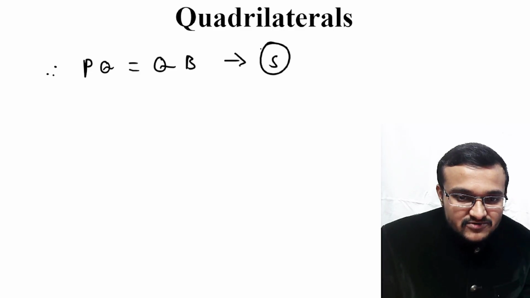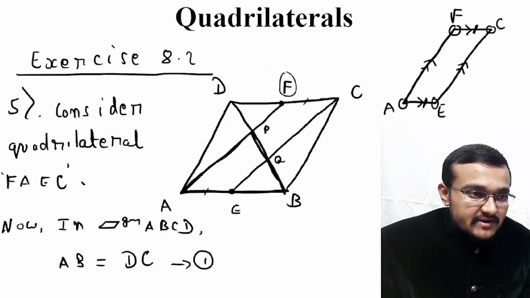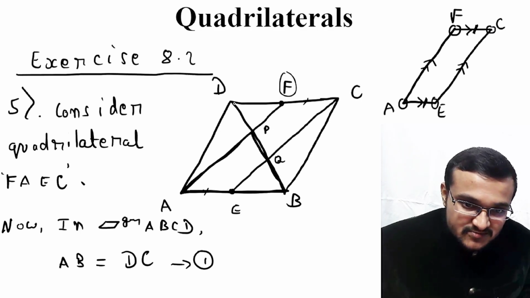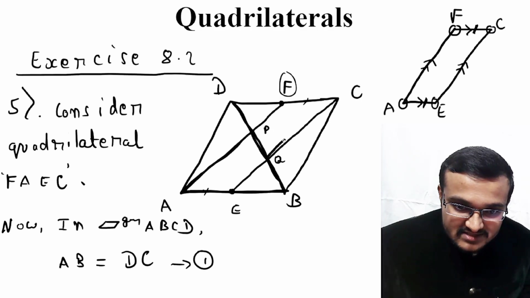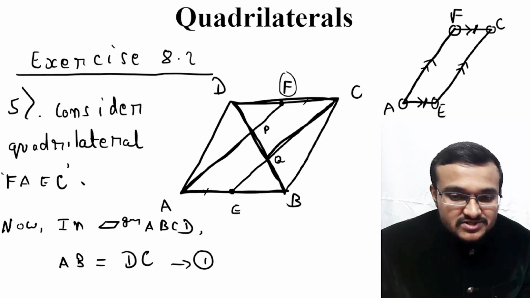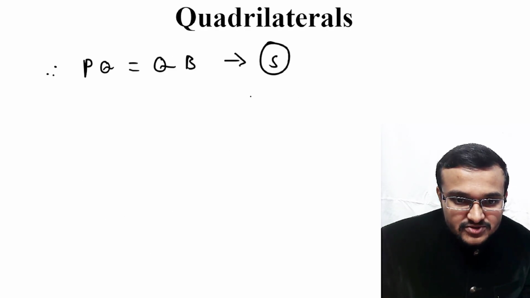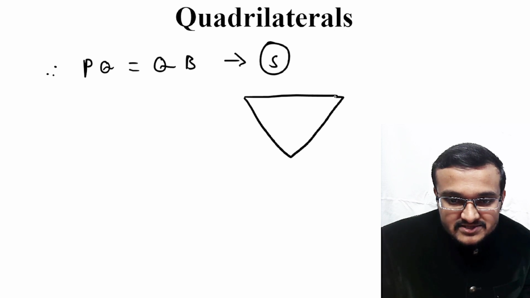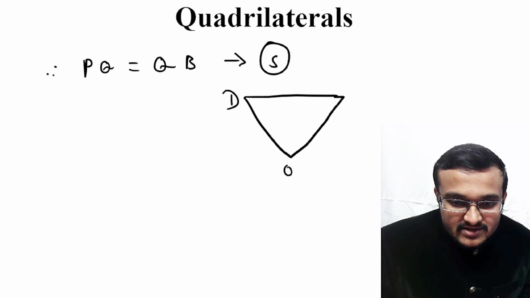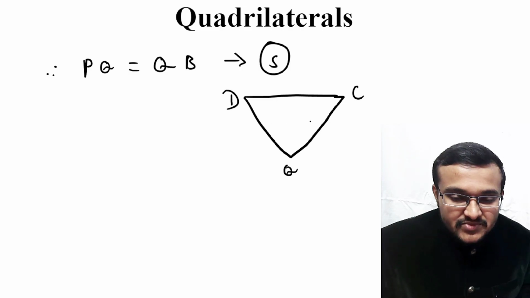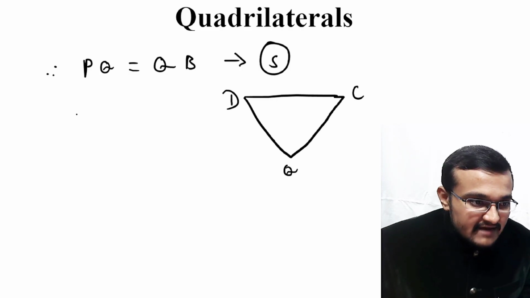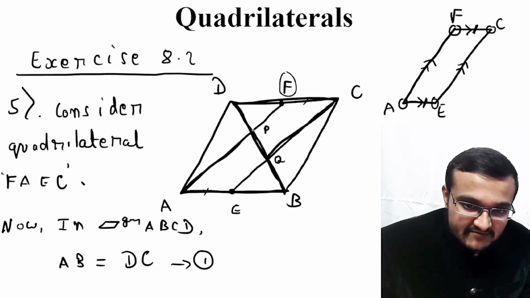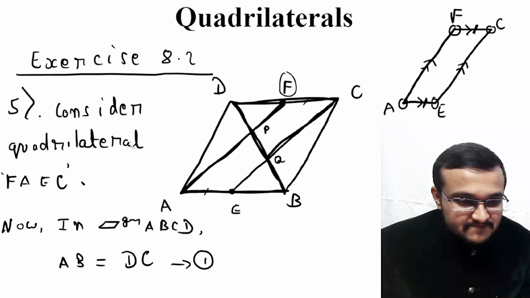Now we will call this equation 5. Now we will consider this particular triangle, that is DQC. Inside DQC we have this PF line also, and F is the midpoint of DC.